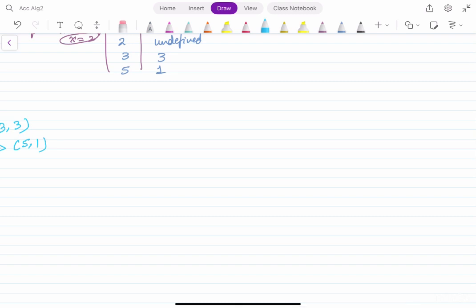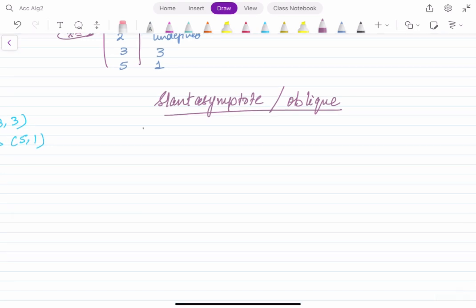Now let's take the case of slant asymptote. Slant asymptotes are also called oblique asymptotes. And as I said earlier, when the degree of the numerator is exactly 1 more than the degree of the denominator, just like bot, big on top, then we are looking for slant asymptote.